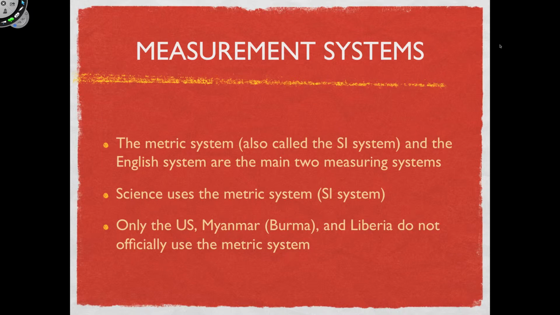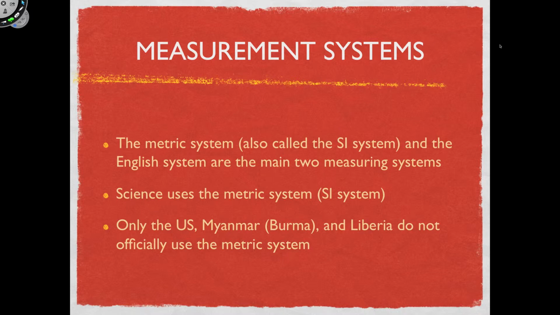If you look at any label at the store, it's typically going to give you a metric unit. If you look at a Coca-Cola can, for instance, it might say 12 fluid ounces, being the English unit, but there's also 355 milliliters on it. So milliliters, a metric unit, is still there. It's just some people overlook it.